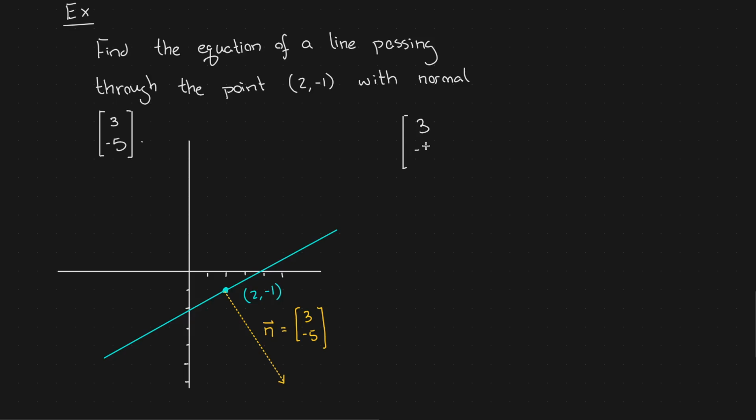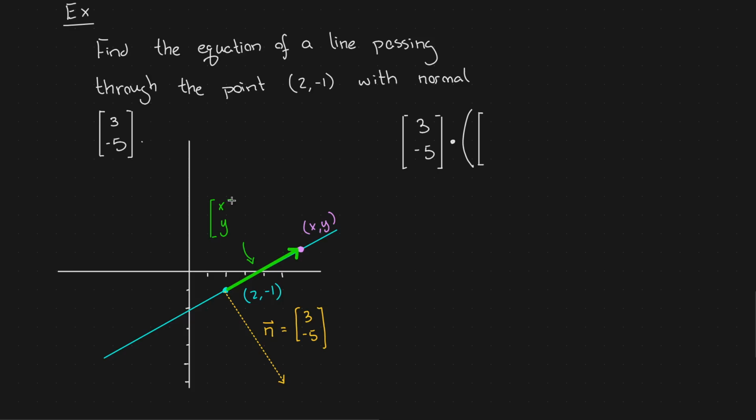So we know we should have (3, -5). That's our normal vector. And if we take the dot product of that with any vector parallel to the line, we should get 0 because the normal vector is orthogonal to the line. So if I take some point here, (x, y), then the vector pointing from the known point to any other point on the line, I could express as end minus start.